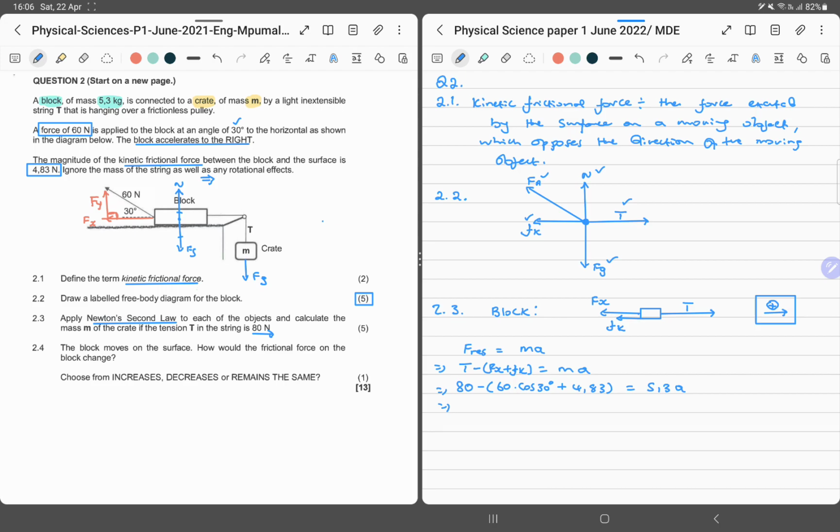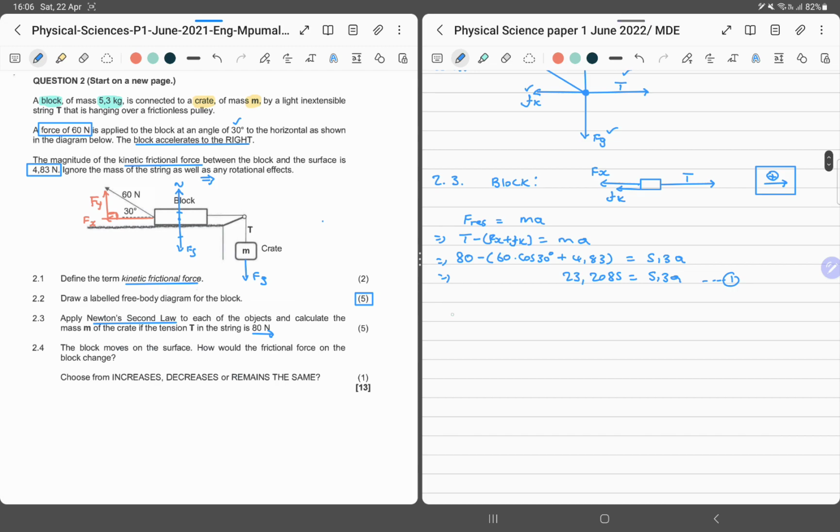And then plus 4,83. Here you need to be very careful when you're doing these calculations. It can horrify the situation. So here we've got 23, comma, I'm going to make it 3 decimals, so it's going to be 2085, equal to 5,3a. You can make that equation 1. You could have left it there even.